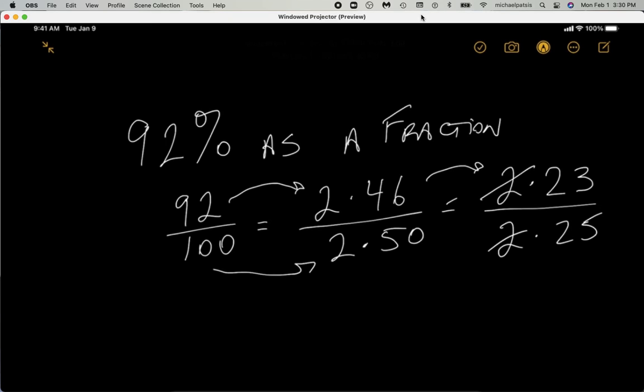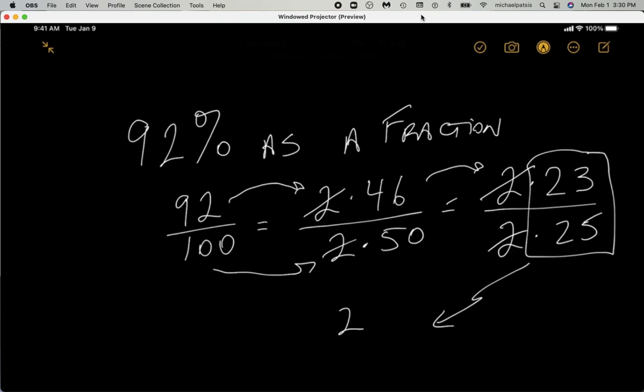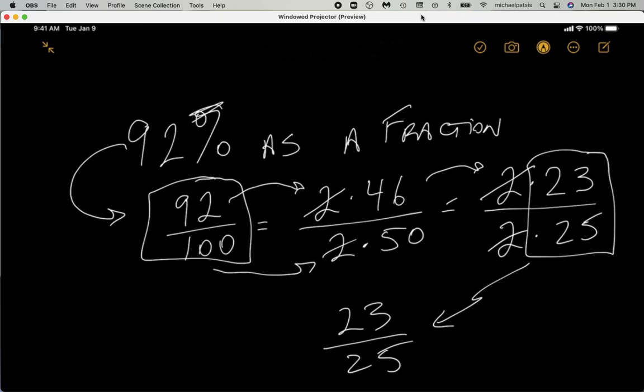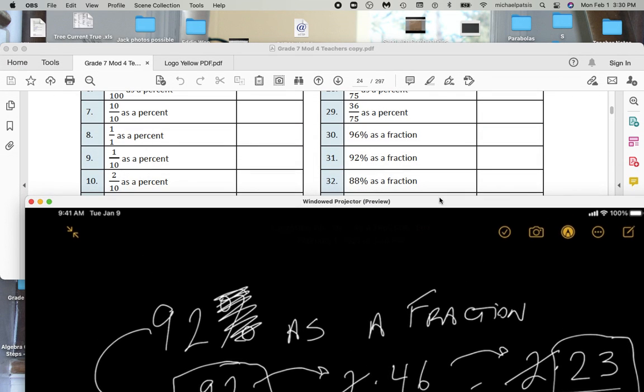Cross out the 2's here. I forgot to mention we cross out the 2's. So here's our final reduced fraction, 23 over 25. So you start out by dividing by 100. That's what 92% means. You take away the percent sign and you replace it with division by 100. And then you proceed and you simplify the fraction.